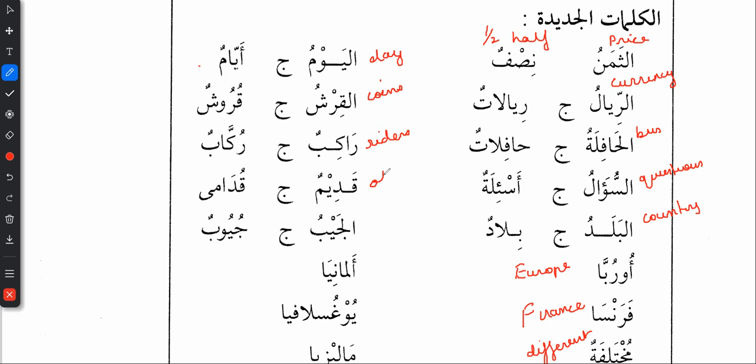Jaib is pocket, juyub. And Almania, Germany. Remember, this is not lam at-ta'rif, it's the spelling letters of Germany. Almania, Yugoslavia, and Malaysia.